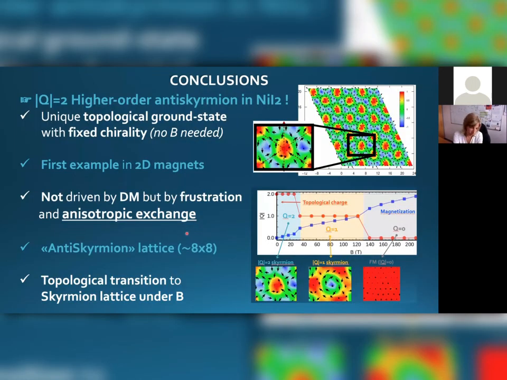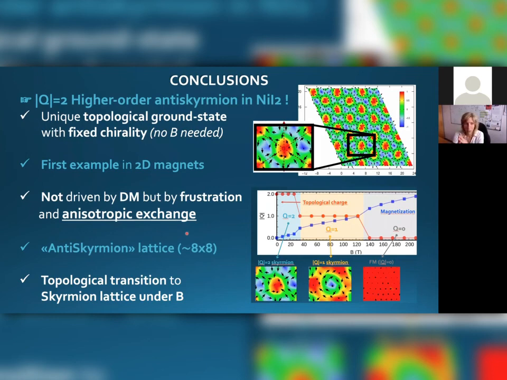Okay, so let me come to the conclusion. We had a higher order anti-skyrmion in the nickel-I2 monolayer. Here we only looked at the monolayer. There is no B field needed, and it has a fixed chirality. So we always have the same fixed chirality.